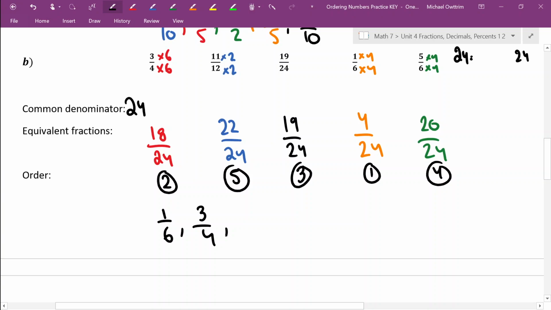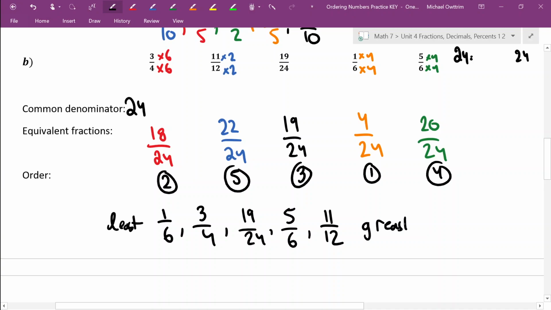Then we've got our 19/24 is next smallest. Then our 5/6, and then our 11/12. And again, that's from least to greatest, in ascending order.